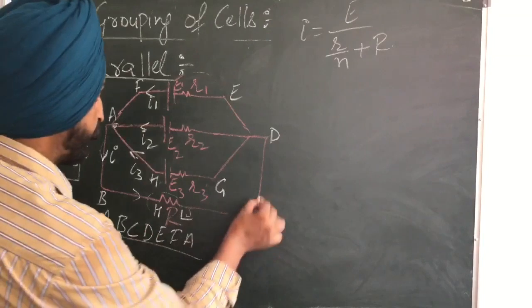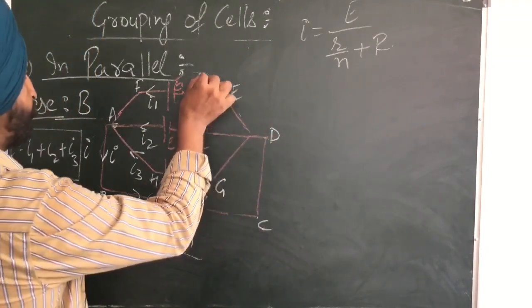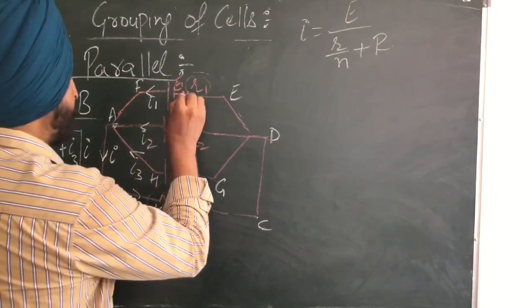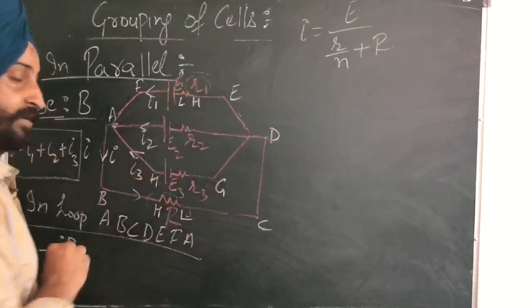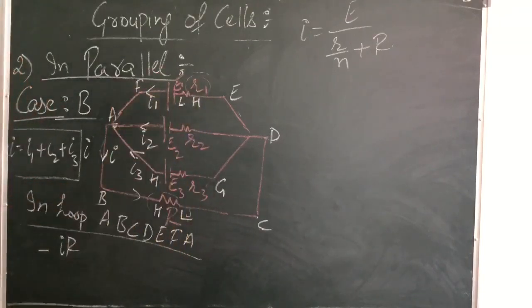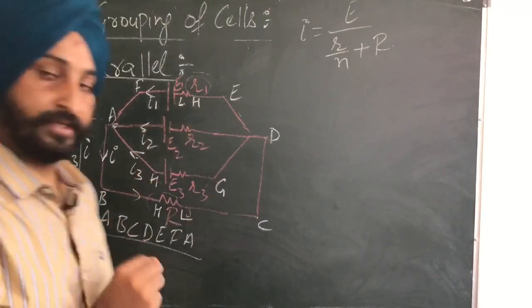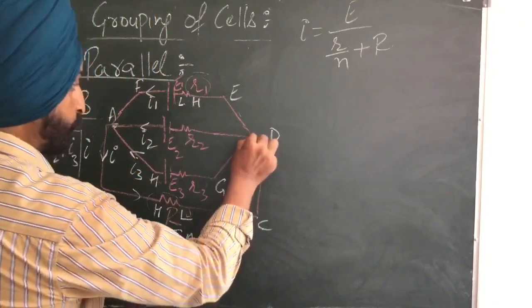Next I am moving along this part, where there is no resistance, and then I reach the resistor of resistance R1. Here there will be lower potential because it is connected to the negative terminal, and this side will have higher potential. That means I am moving from higher to lower potential again, so I put a negative sign. One thing you must keep in mind: current I will flow till this point.